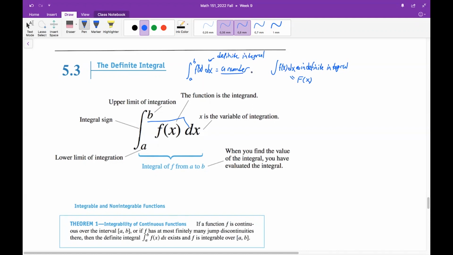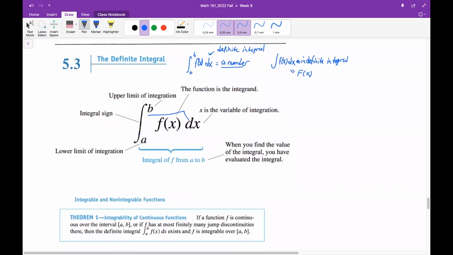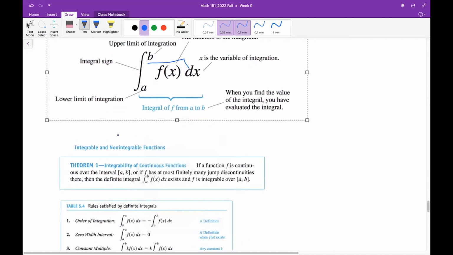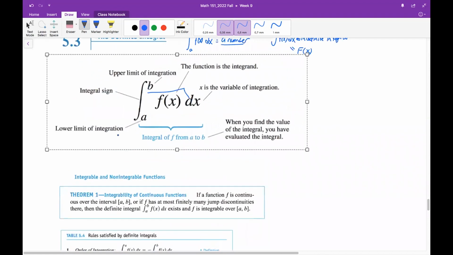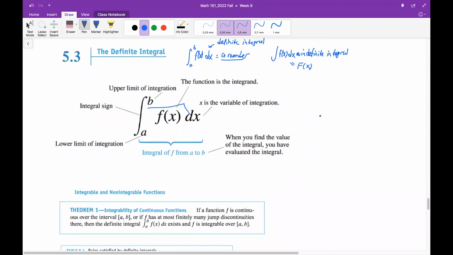Okay, after looking into the notation in more detail, now we can try to understand the properties of it. But before that, let me also put some remark here about the geometric interpretation. If your function f of x is a non-negative function, the definite integral, as we covered in the previous section, has a geometric interpretation.